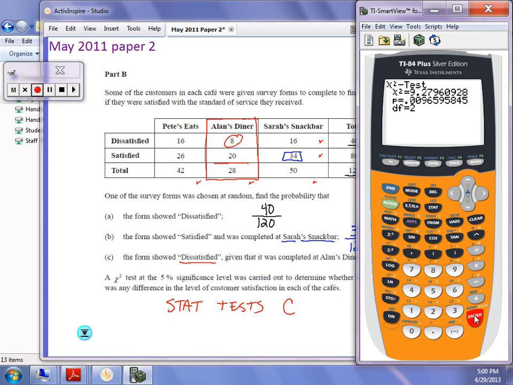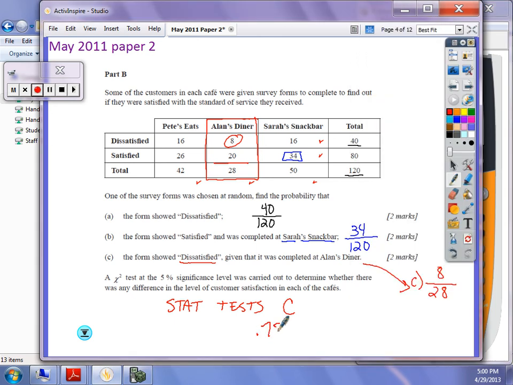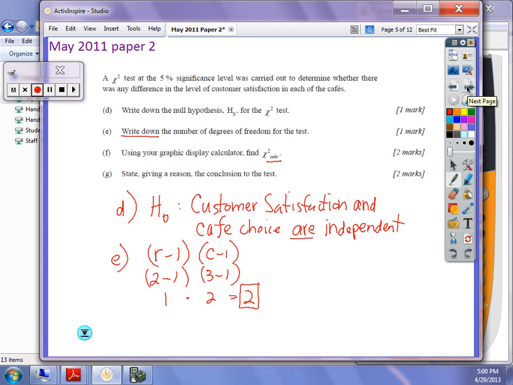And you'll see that the chi-squared value that your calculator comes up with is 0.754. That's all you have to write down. So that's part F, 0.754.